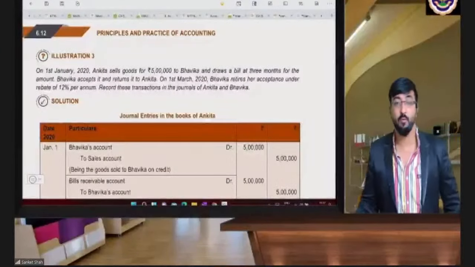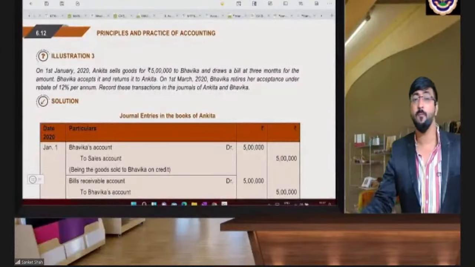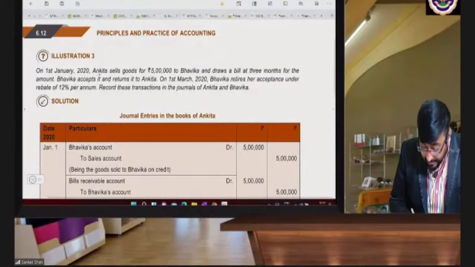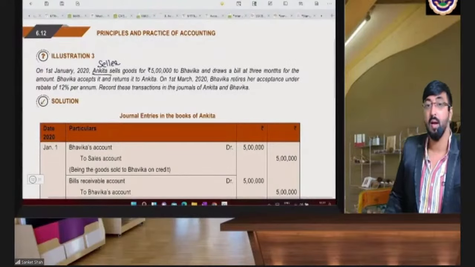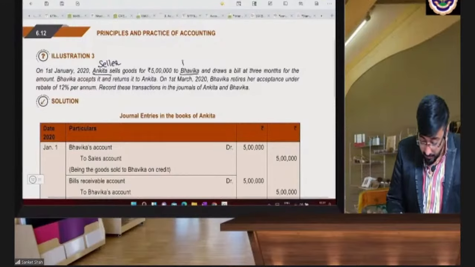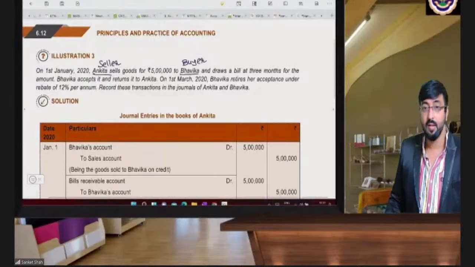Illustration number 3. On 1st January 2020, Ankita sells goods. So Ankita is a seller and Bhavika is a buyer. Understand?